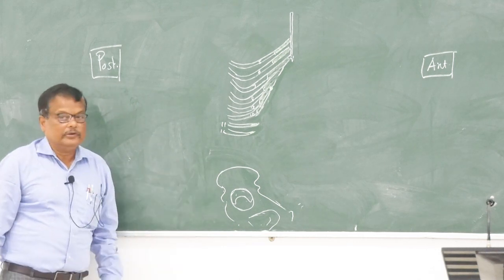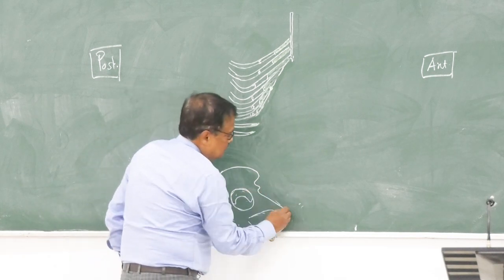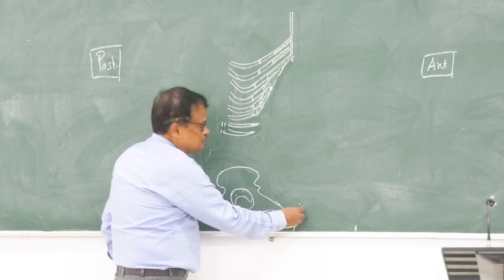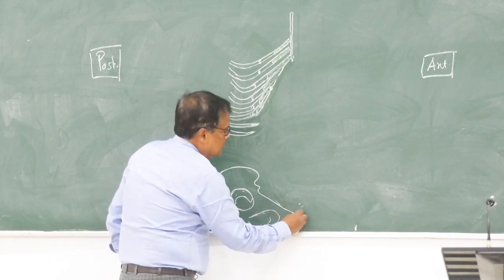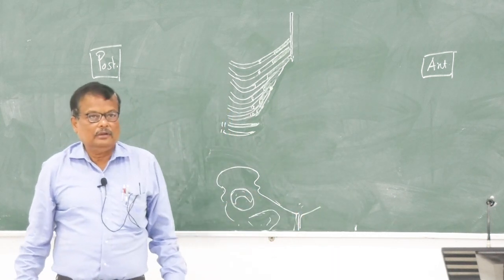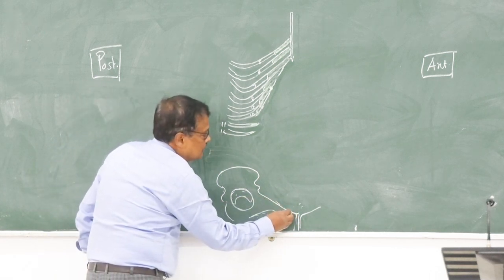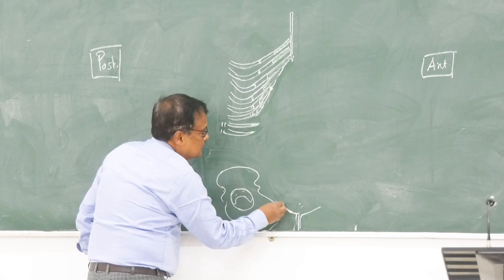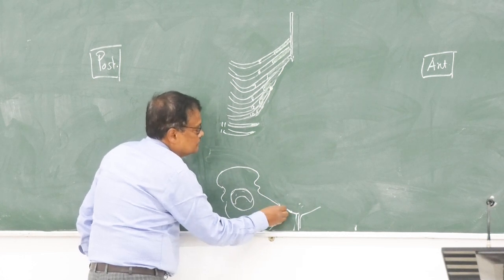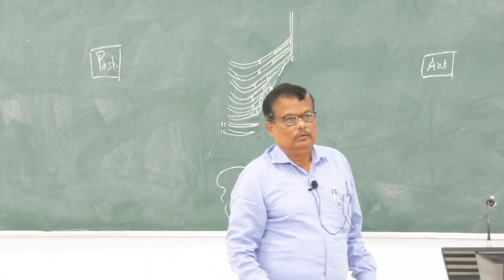So this is the iliac crest. This is the anterior superior iliac spine. This is the symphysis pubis, both sides. Trace it. This is the pubic tubercle, and this is the pectineal line, the pecten pubis, which you already know.